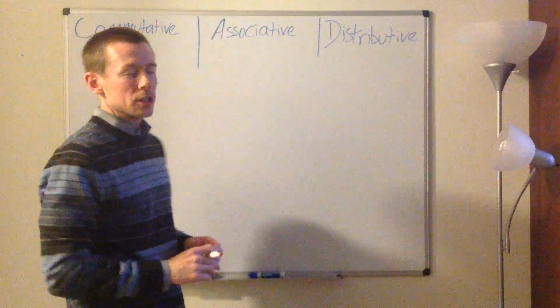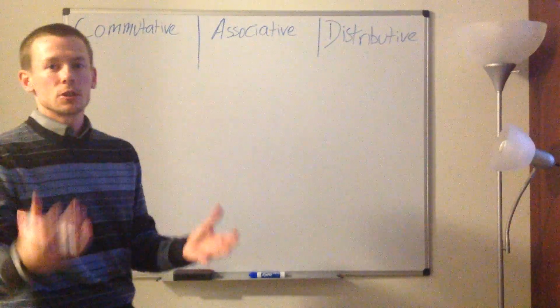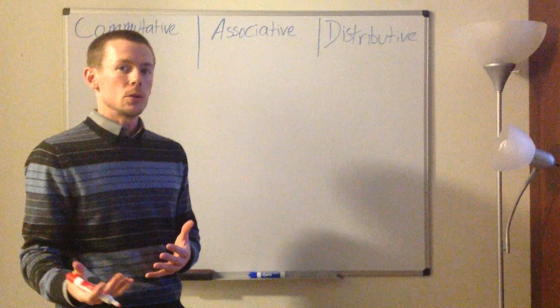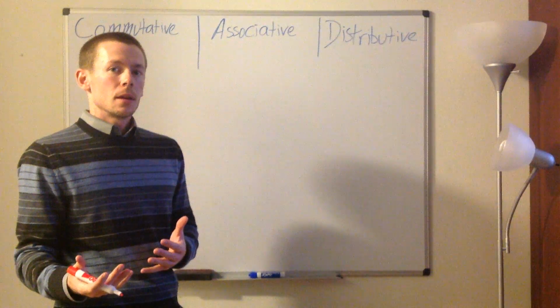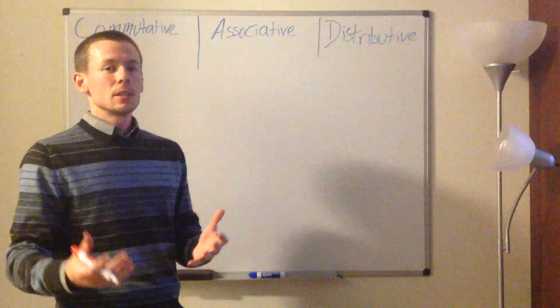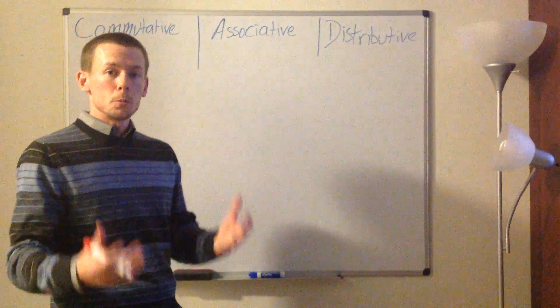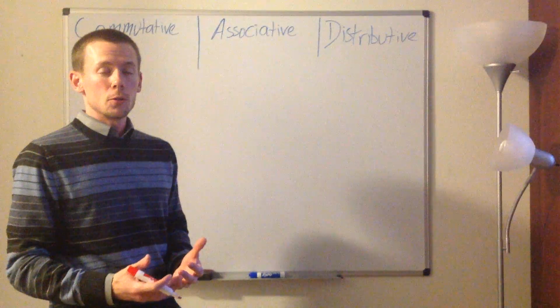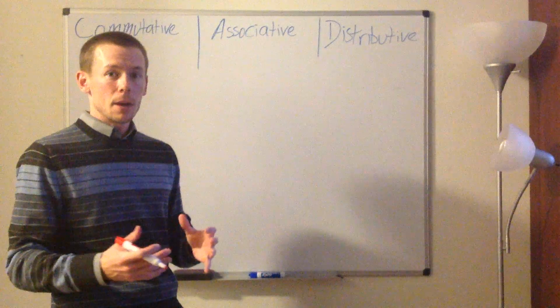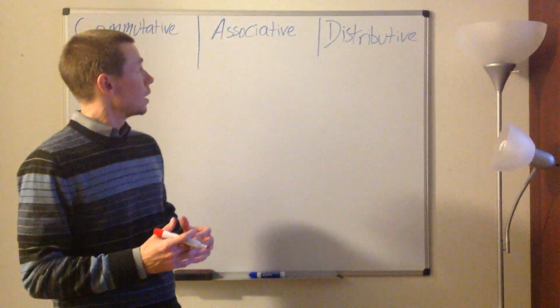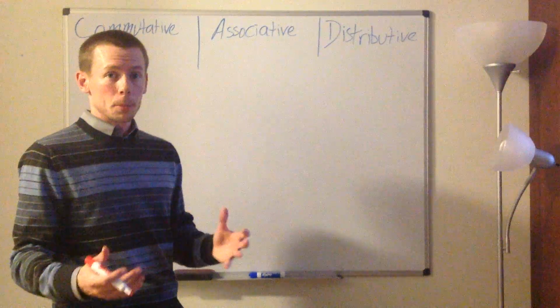Let's look at the associative property. Now if I say the word to associate, what does that mean to you? Well, it could mean other things, but it means that you group together, or you associate with a group, where you identify with a certain group of things or people.